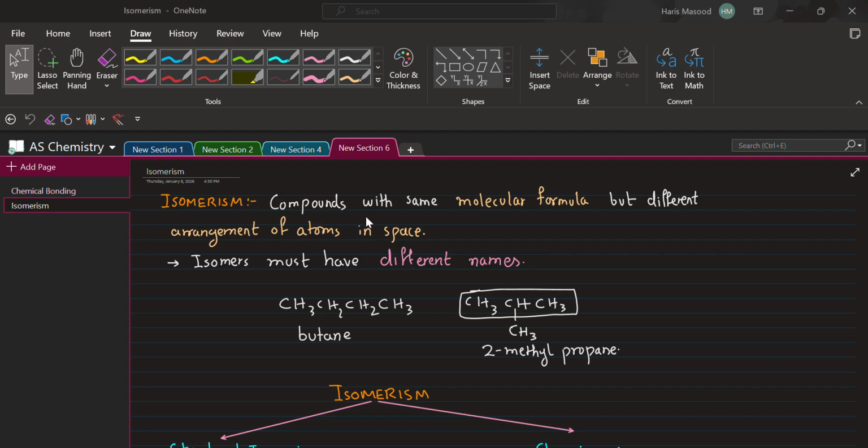Isomerism is compounds with the same molecular formula but different arrangement of atoms in space. Isomers must have different names. How do we know that one is an isomer of another? They will always have different names. So whenever you're trying to make an isomer and you get a different name, then you can say that it is an isomer. Clear?